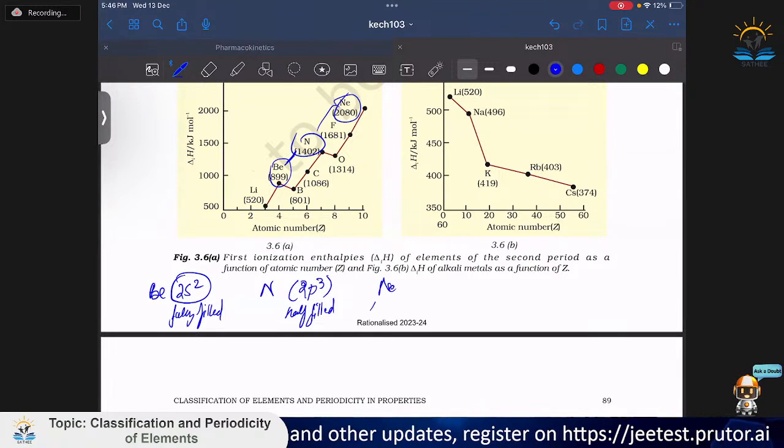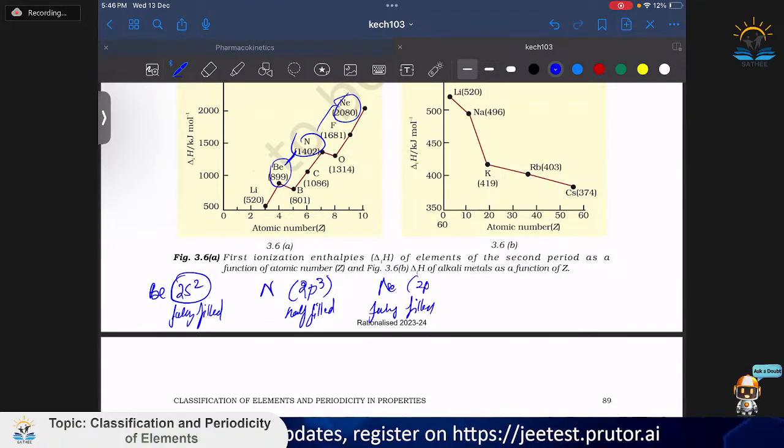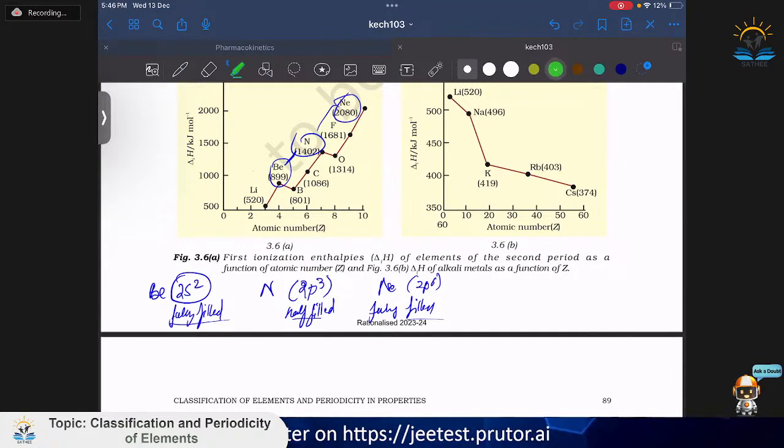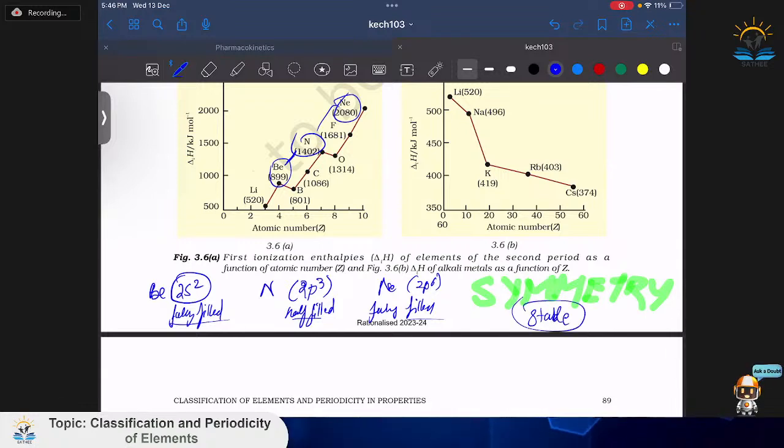Even neon is fully filled, 2p6. So see, fully filled and half filled have symmetry. And symmetric means they are stable. So to remove an electron from their shells, it will be difficult. So they are usually more than the corresponding element.